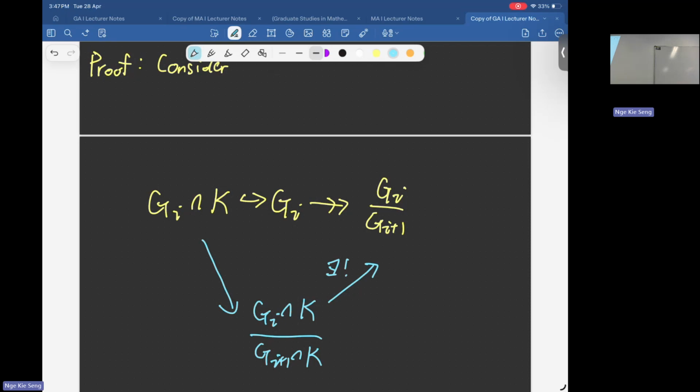Because the thing that you consider in G_i also has to come from K. So the element must come from both places. If you quotient by G_{i+1}, you also have to make sure that the elements come from K. I'm just telling you why it is true; you can try and write it out.